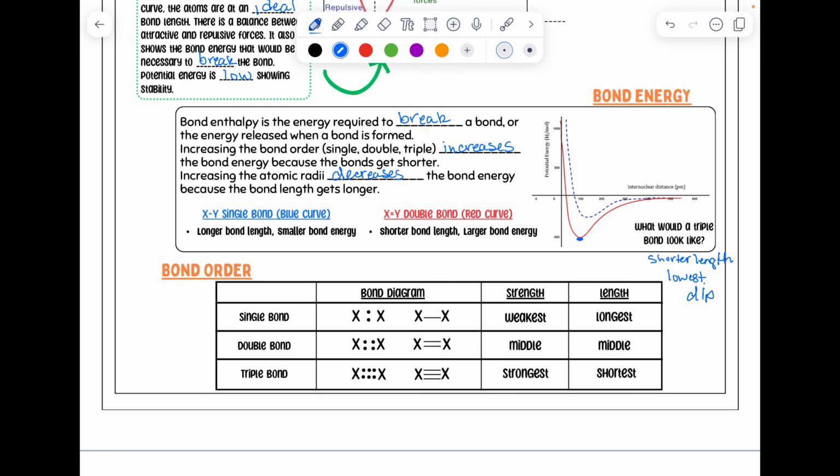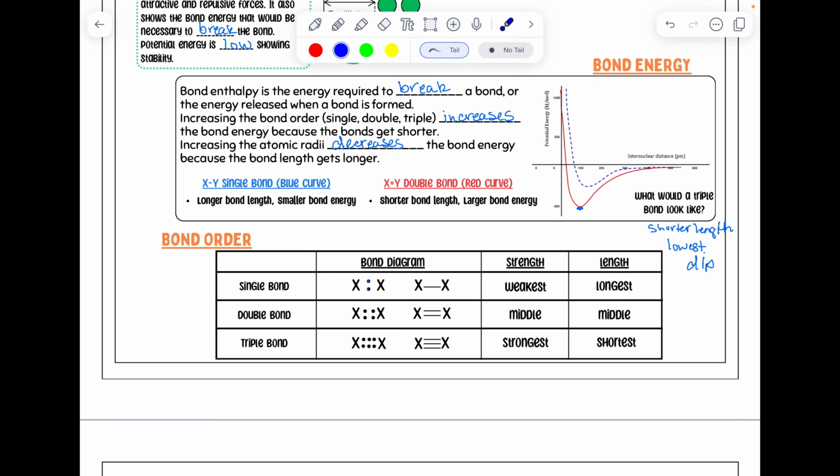Okay, so to review, a single bond, we can draw with two dots like that, or one line. It has the weakest strength, meaning it takes the least amount of energy to break that bond, and it has the longest length. A double bond, again, we show it with either two lone pairs together or a double line.